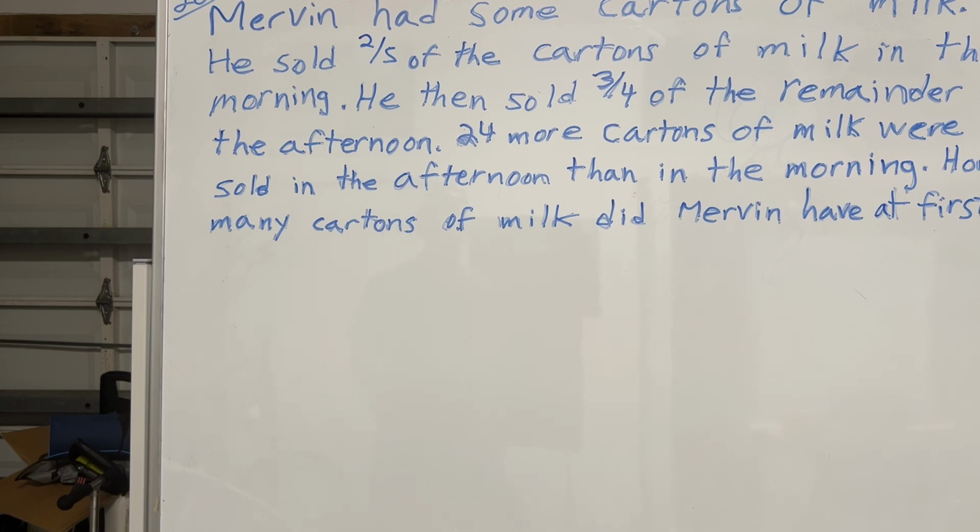The technique is to create a diagram where you break the total, the largest amount, in this case the number of cartons of milk he started with, into a certain number of units. You don't know how many cartons there are in each unit, but you can easily figure that out at the end.